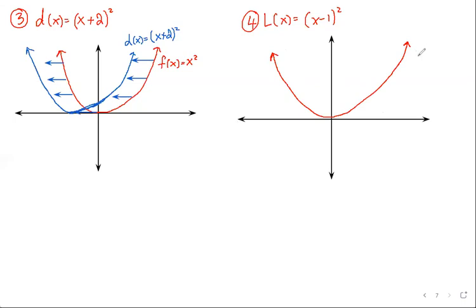This is x squared, f of x equals x squared. We shift 1 unit to the right. So here is 1 unit.